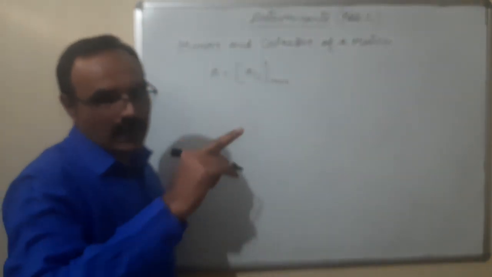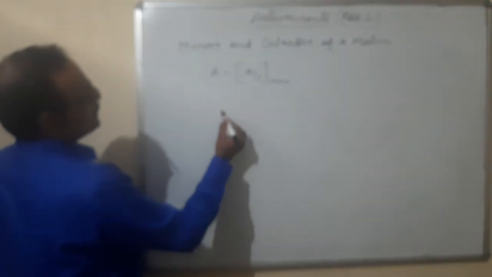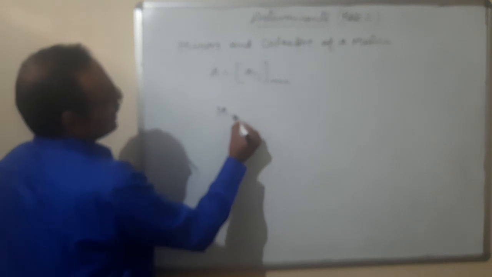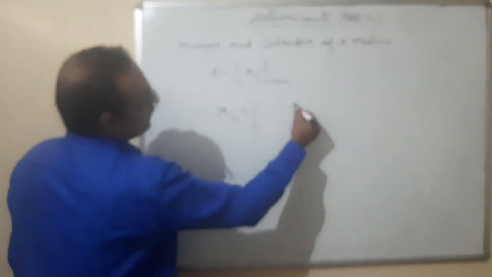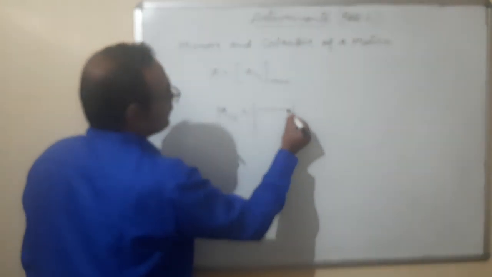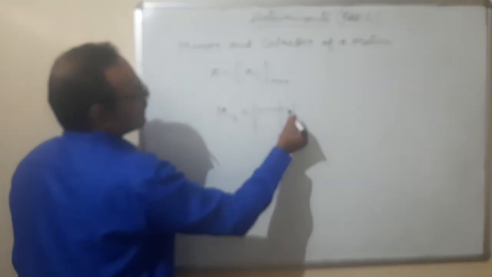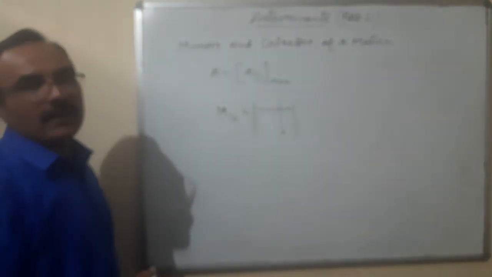Deleting the row i and column j, the remaining elements form the determinant called the minor, which is expressed in the form Mij. In determinant form, it is obtained by deleting the row i and column j to which the element aij belongs.